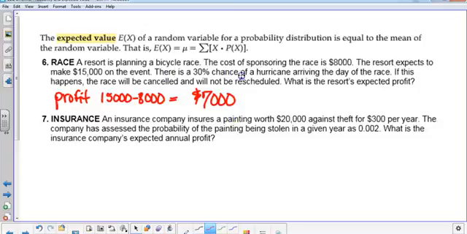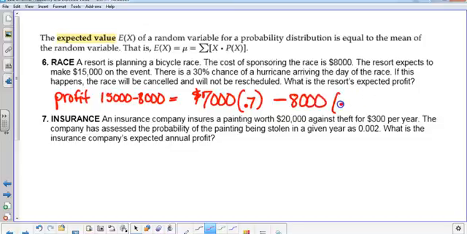There's a 30% chance of a hurricane arriving the day of the race. If this happens, the race will be canceled and not rescheduled. What are their expected profits? So 7,000 is their profit. What percent of the time? 0.7, right? Because 70% chance that there's no storm. They're going to lose how much money? 8,000 that they've spent to put the race on.